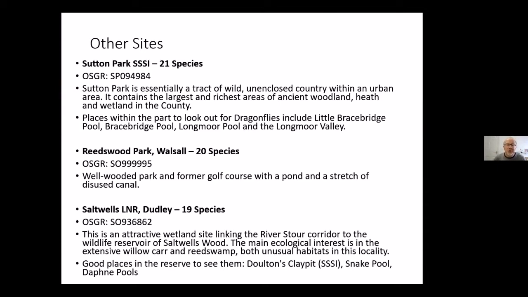Now, something I just want to point out is you can see on this slide alone that these locations have around about 20 species, 21, 20, 19 species regularly seen there. Up here in the northeast of England, our Trust's head office is 2 minutes from my house.